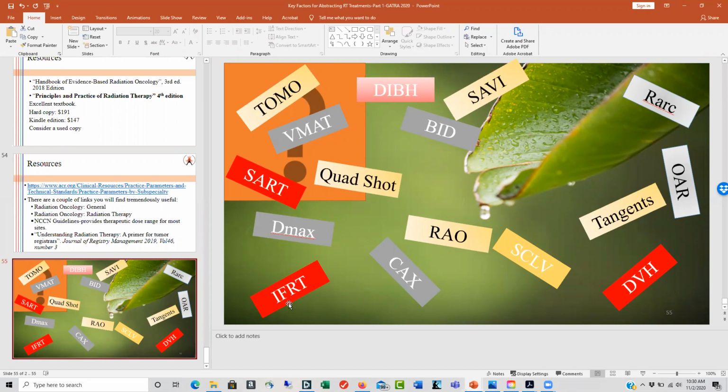So you have to start somewhere, because if they don't use the word phase, what they understand is plans. So one of the things that I say is, well, how many plans did you generate for that patient, for that treatment? And that is something that they'll understand, and that might guide us into the total number of phases. But we actually need to show them what codes we're asked to capture.